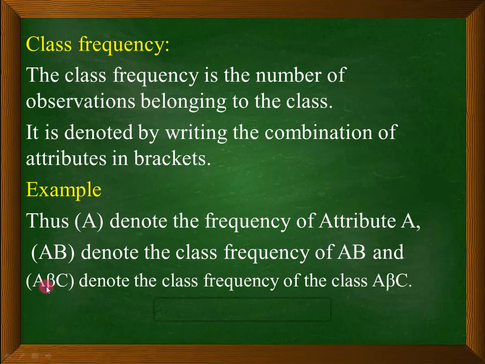Bracketed A beta C denote the class frequency of the class A beta C. So, class frequency is the number of observations belonging to the class, and it is denoted by bracketing the class.